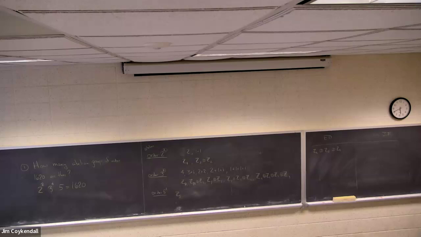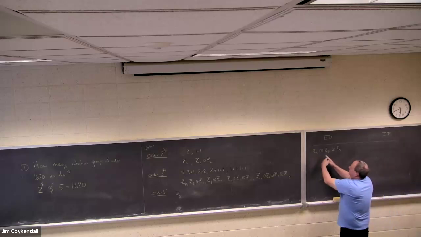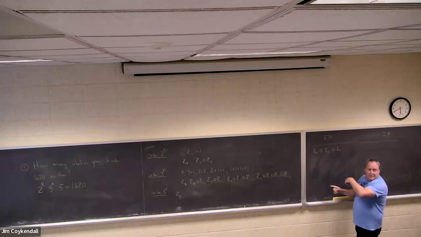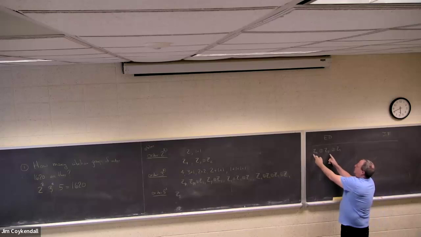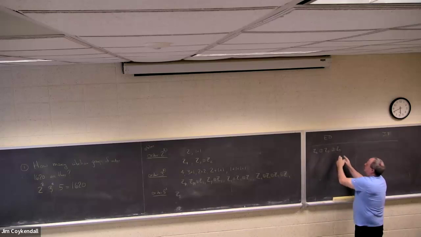What's the invariant factor decomposition? We'll see what this one is. Remember, you can put these back together if they're relatively prime. So you group this as a Z324, and you can group this times this.